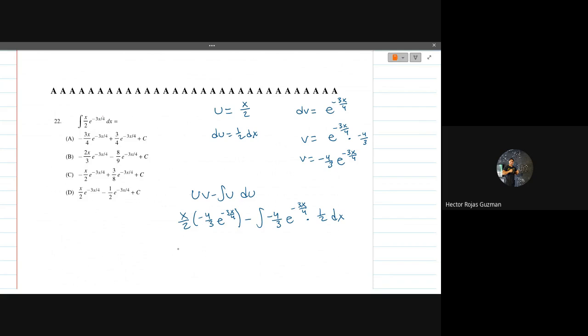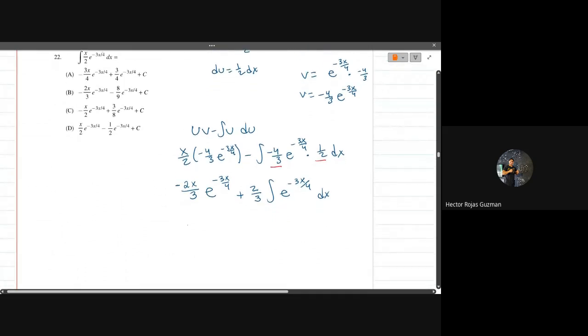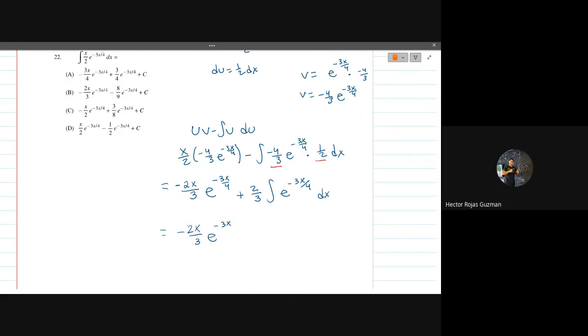This is going to be negative 2x over 3 e to the negative 3x over 4 plus, if you multiply these fractions right here, that's going to be 2/3 times the integral of e to the negative 3x over 4. Okay, we just have to integrate that e.